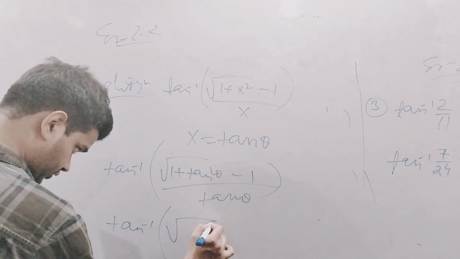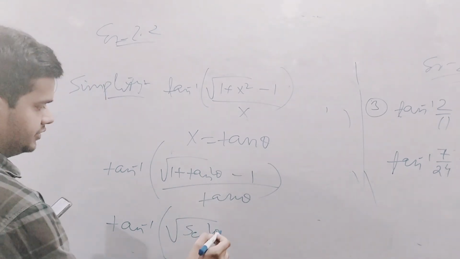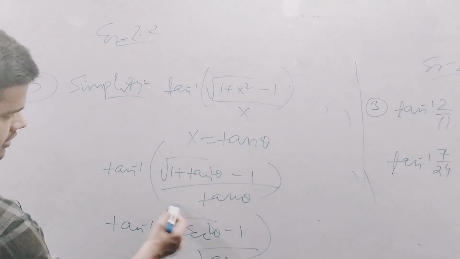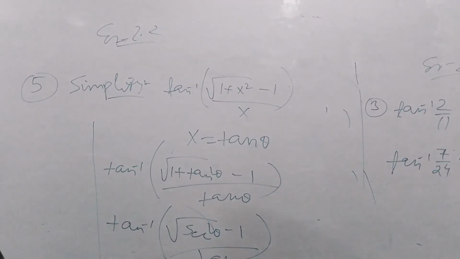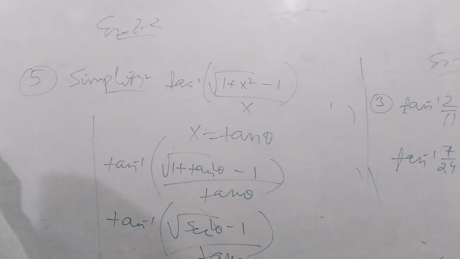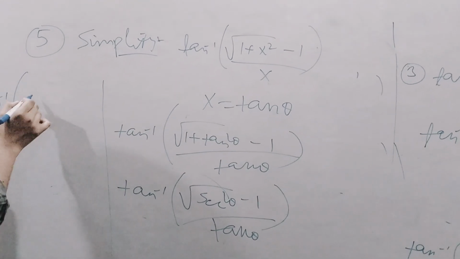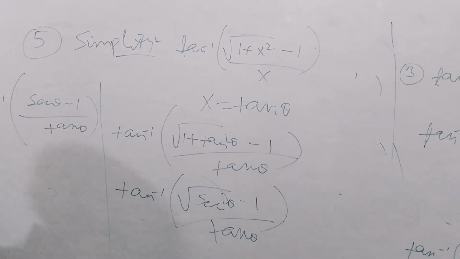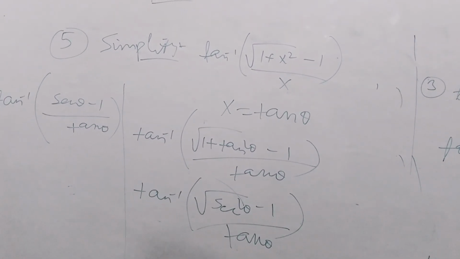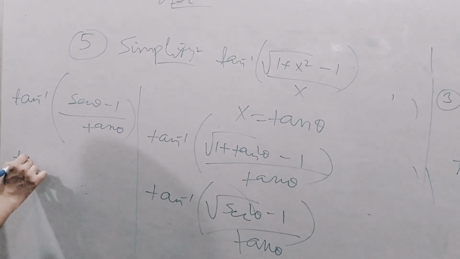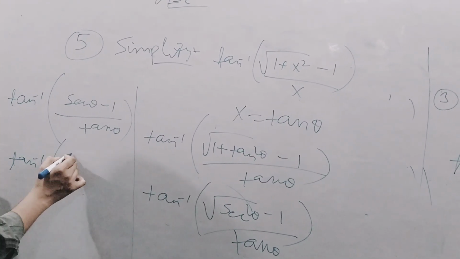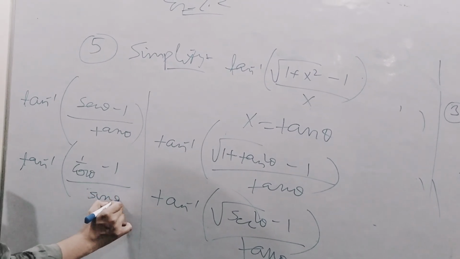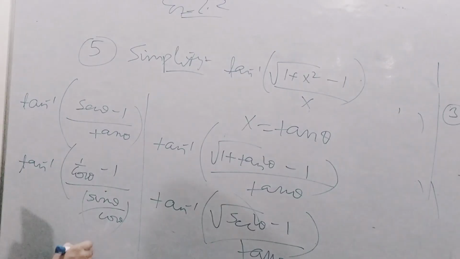So this becomes root of sec square theta minus 1 upon tan theta. So the root is cancelled out. So I'm left with tan inverse sec theta minus 1 by tan theta. Okay, so this becomes 1 upon cos minus 1 by sin upon cos.